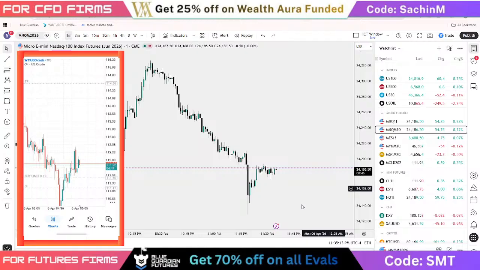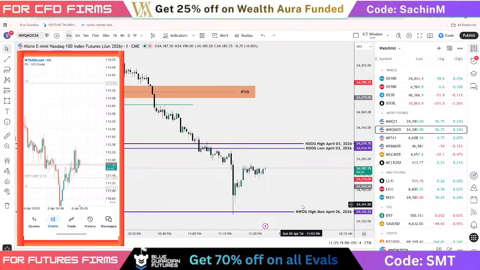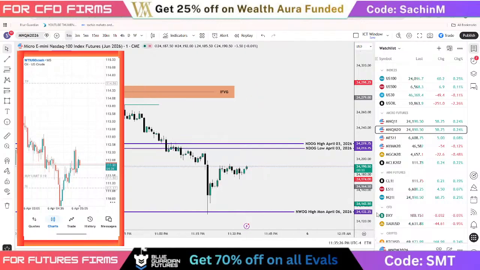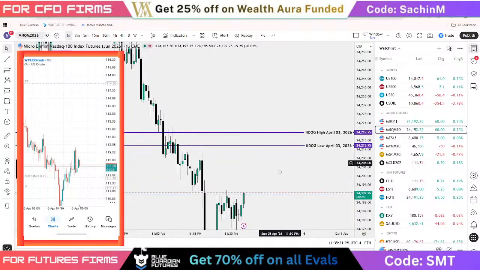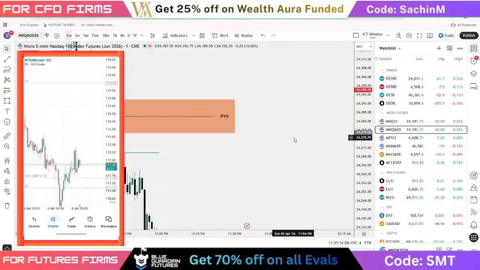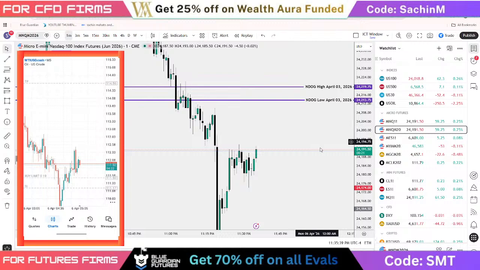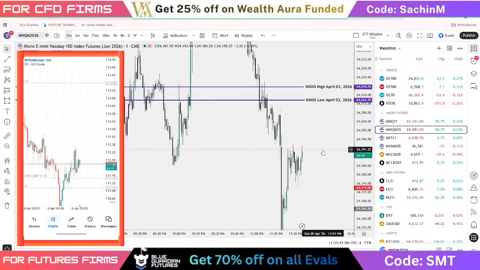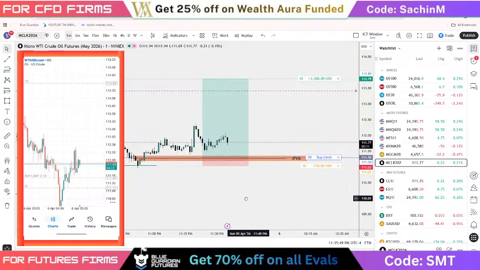MNQ, we have a liquidity swipe. Now we need a market structure shift to take any entry in the higher direction. The crude oil is showing some down momentum, but it's just playing with us.